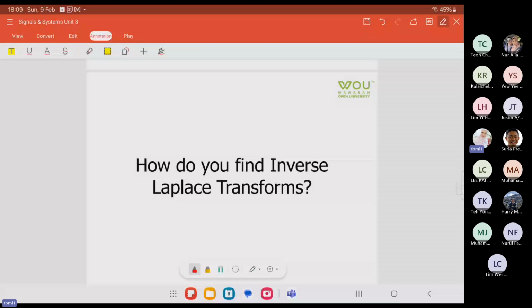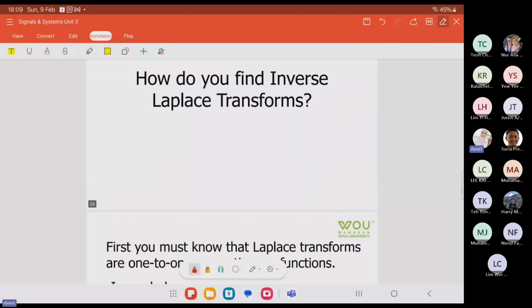We need to apply the Laplace transform to the ODE to obtain the algebraic equations in terms of s, and then we can solve the equations. We apply the inverse Laplace transform to obtain the solutions for the ordinary differential equation.